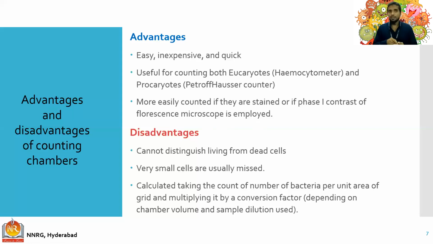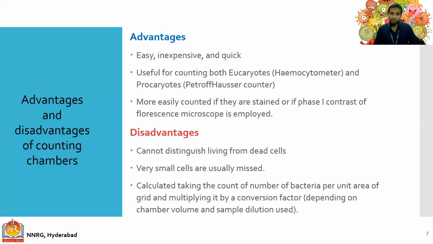Staining the bacteria gives a certain color. So upon observing in the microscope, rather than seeing a black and white image, we can see a colored structure. It could be red, blue, pink, anything. Based on that, we can identify a particular cell. Phase contrast fluorescence microscopy produces fluorescence when the light comes in contact with the bacterial cell, so we can also identify the number of cells present in the grids.